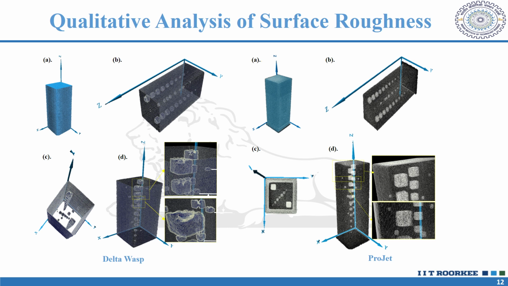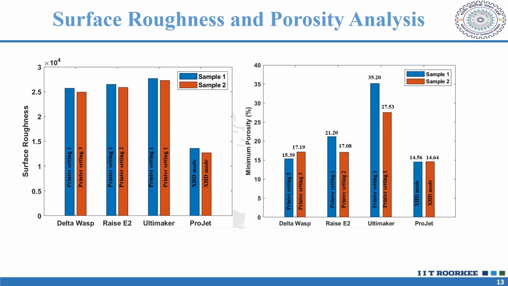We can see that the shape of the voids printed by Delta Wasp is distorted, that is not exactly cubical. A certain amount of roughness is present, but the Project is printing fine quality voids, that is fine shape voids. And then we did the surface roughness and porosity analysis using MATLAB.